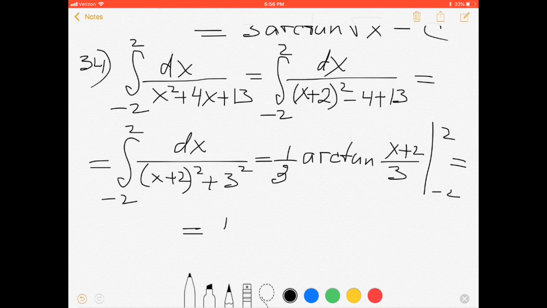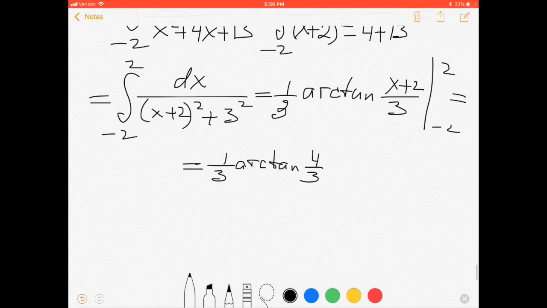Plug in 2, you have 1/3 arctan of 4/3, and if you plug in -2, you have arctan 0, but arctan 0 is 0. This means this is a good enough answer.